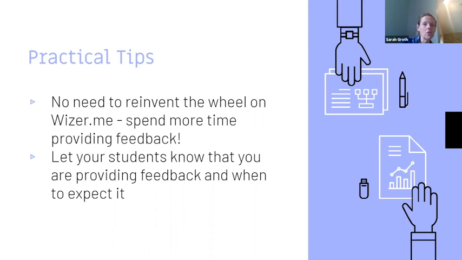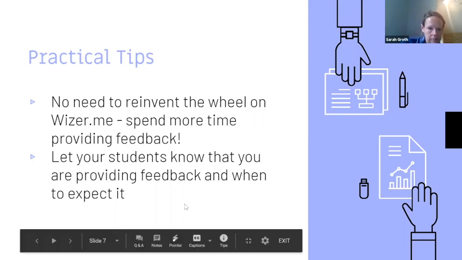Letting your students know that you are providing feedback and when to expect it, like, hey, I'll give you feedback by tomorrow at the end of the day on this assignment. Just letting them know when to expect it helps them understand, okay, I've got to get this in because I need to get feedback on my assignment, and it gives them another layer of accountability.